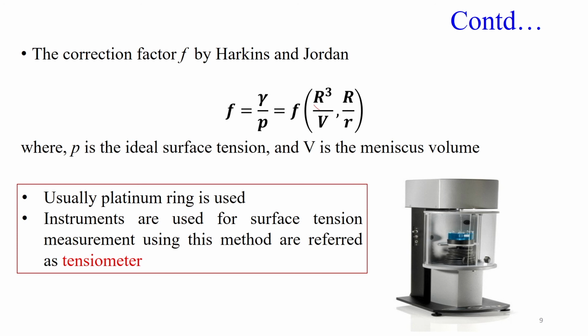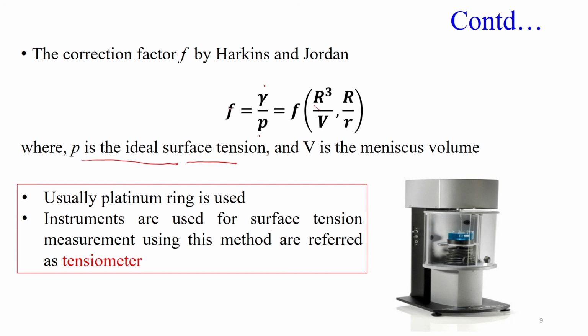So, we can say here the correction factor will be a function of two parameters, R cubed upon V and R upon r. Whatever surface tension we are getting is gamma, and P is the ideal surface tension, and what we measure differs because of the experimental error.